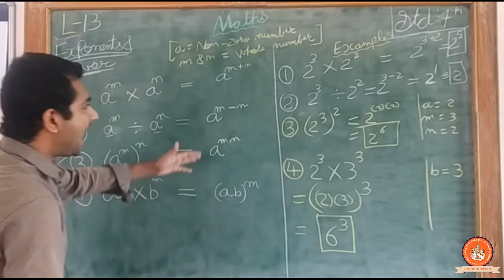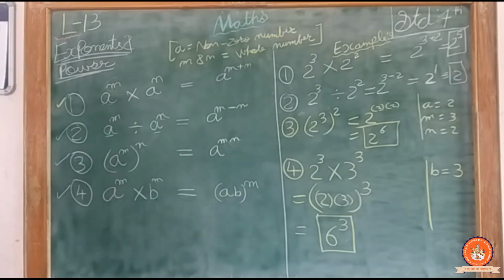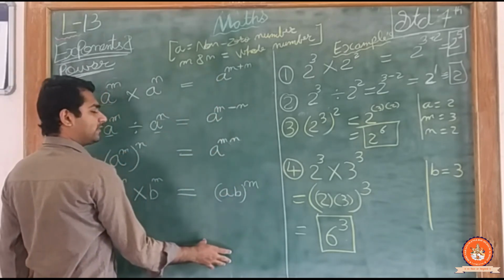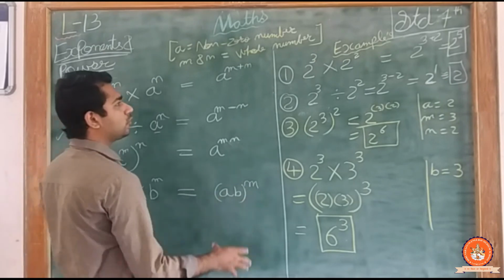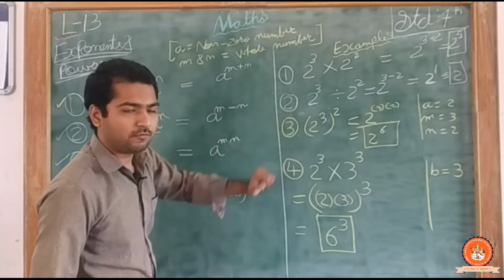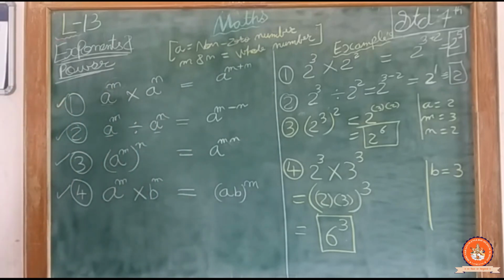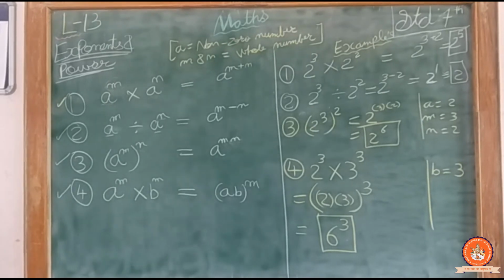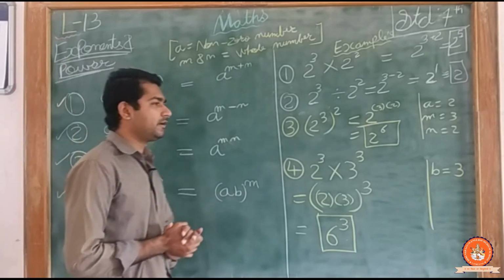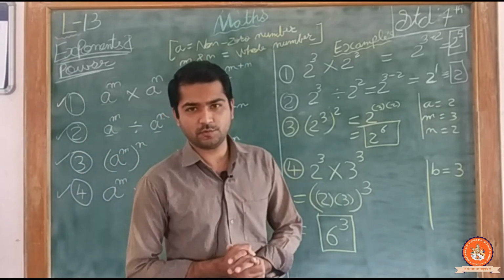So students, I have explained this formula and derived this formula in the simplest form, and also taken examples for a good explanation of this formula. So write down from the board before starting this exercise. Students, we will take exercise number 13.2 from the next video.